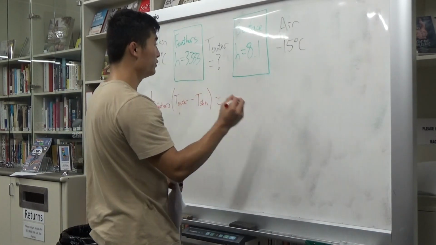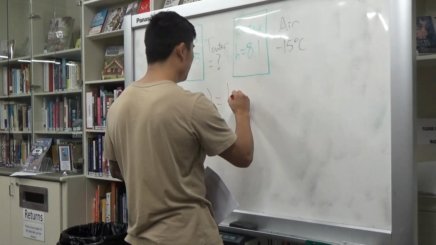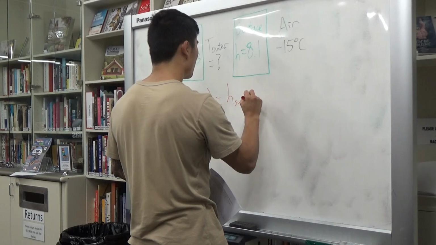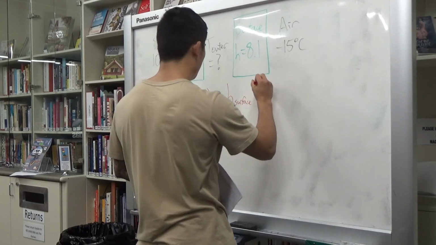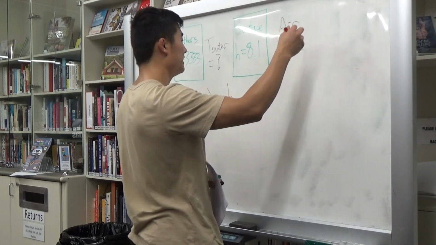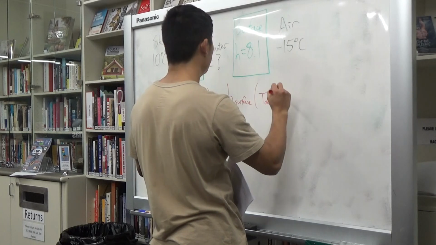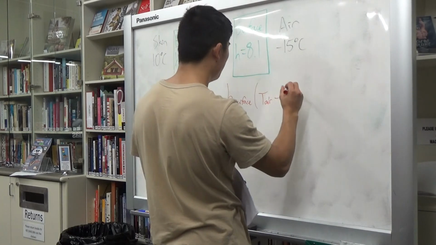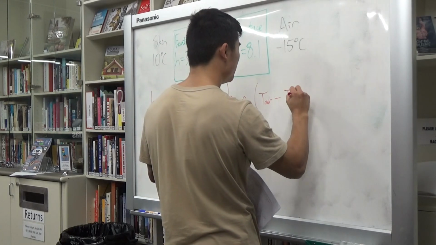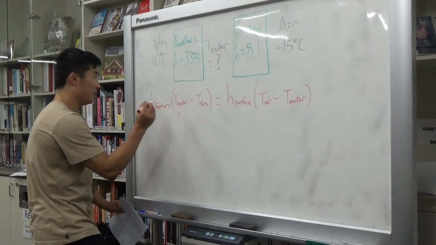And that's equal to the h of the surface multiplied by the T outside, which is the air, so T air, minus the inside of the surface layer, which is T outer. Okay, so then we're going to put in our numbers.